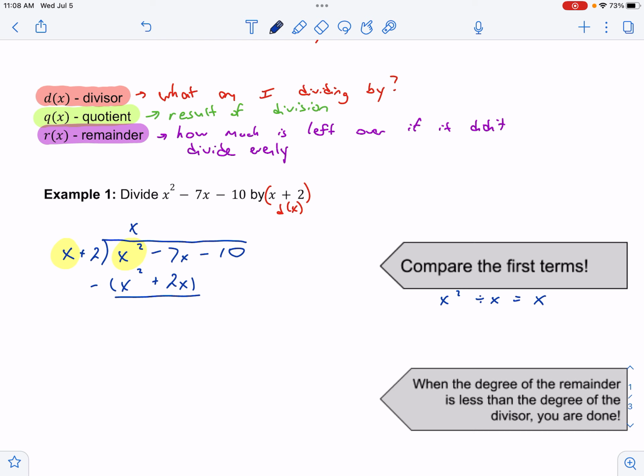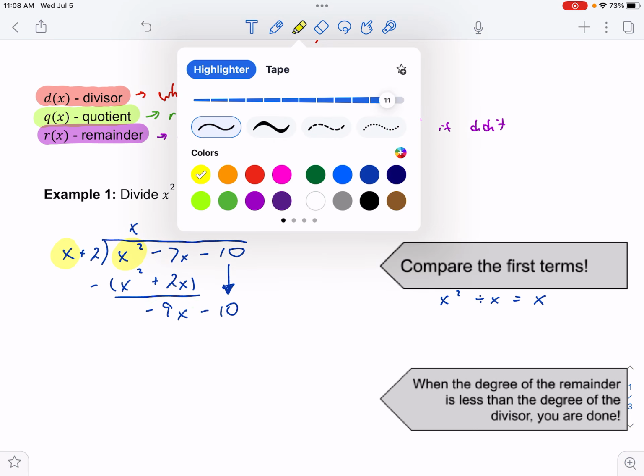Negative 7x take away 2x is negative 9x. Okay, now I'm going to bring down my negative 10 and we're going to repeat. Now I'm going to ask myself, how many times does x go into negative 9x? These two start to match up. We'll pick a different color.